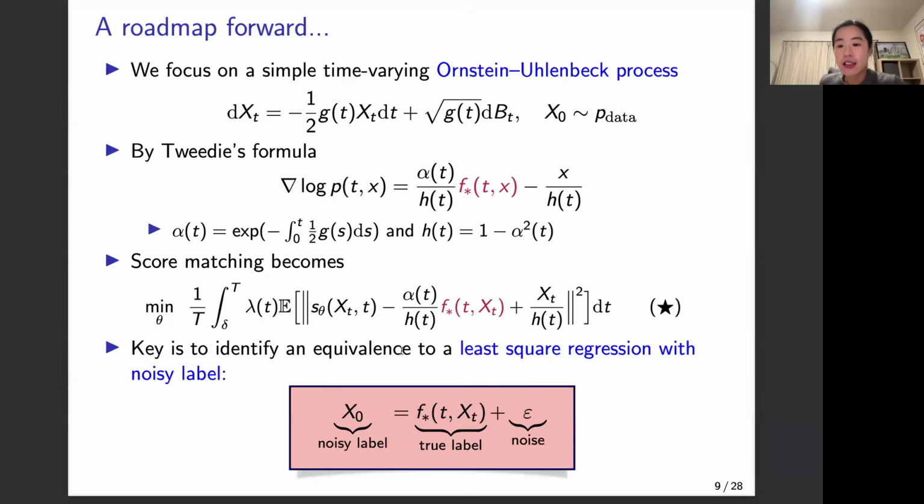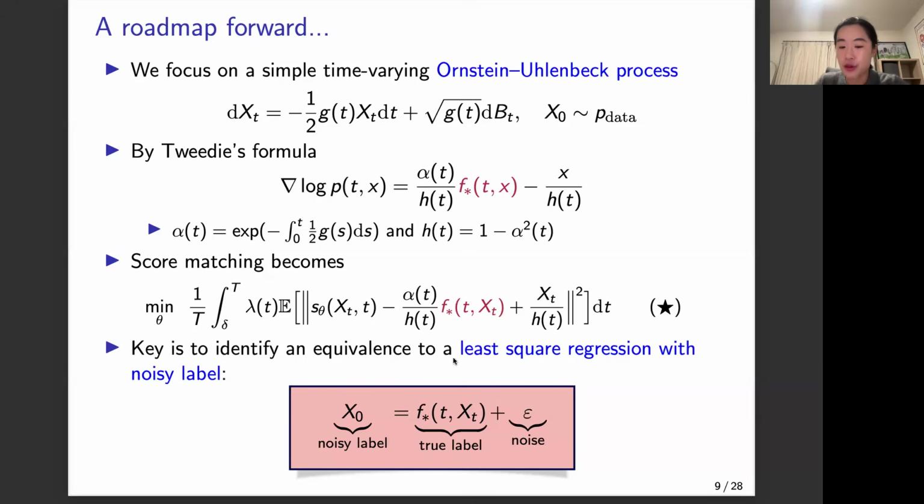What we realize is that we can establish an equivalence to the star objective function. If we replace f star by the noisy label, which is just a data sample from our data set, then these two problems have the same minimizer in terms of the functional class we specify.